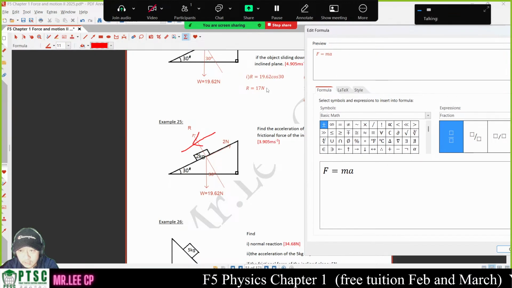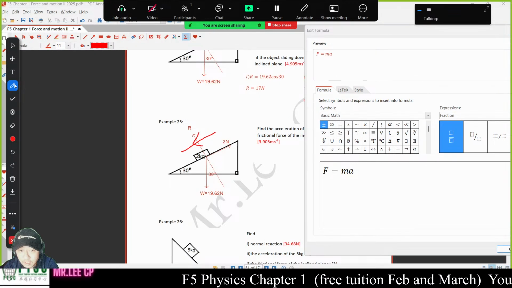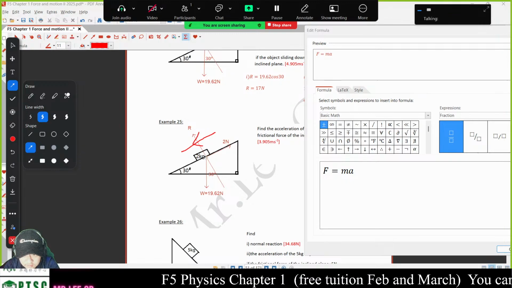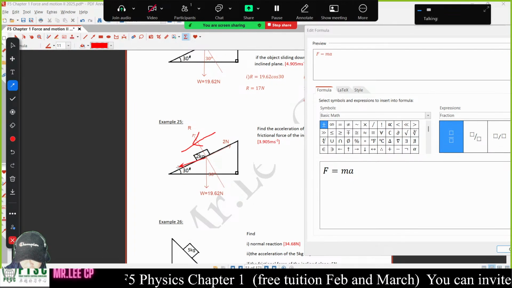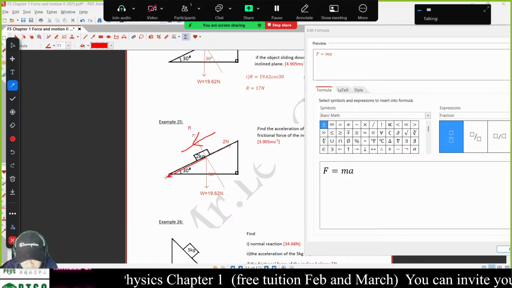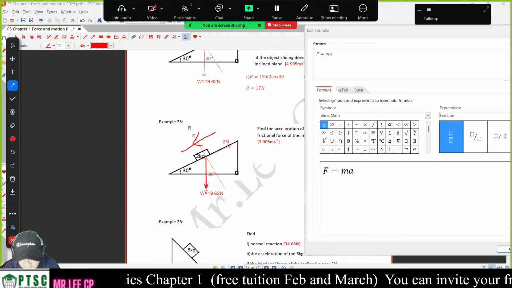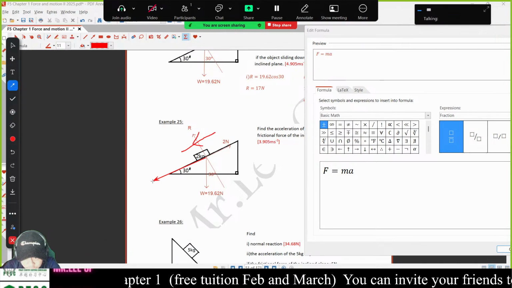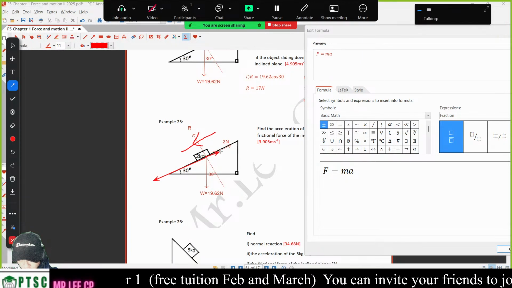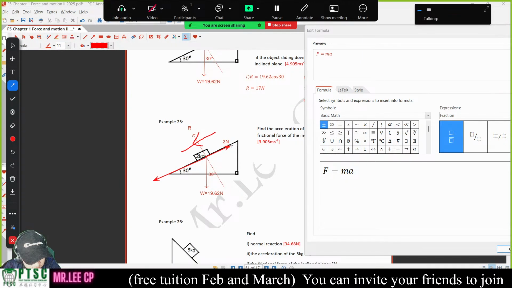Okay, F is MA. So this force, 19.62 bring to here, touch 30 or not touching 30. 19.62 bring to here is the force that pulled it down. And then you got one force pulled it upward. It is the friction.